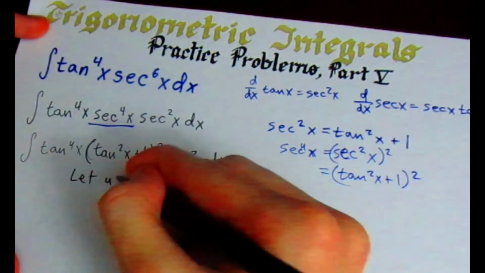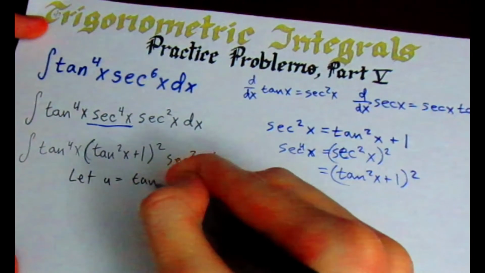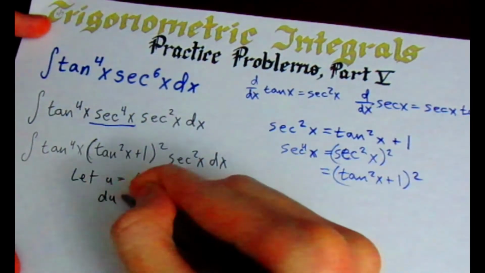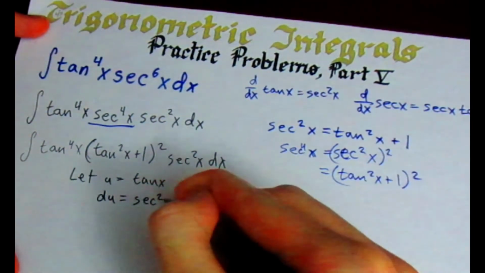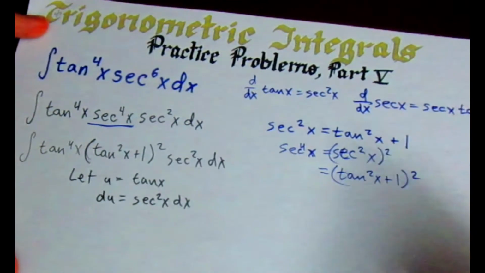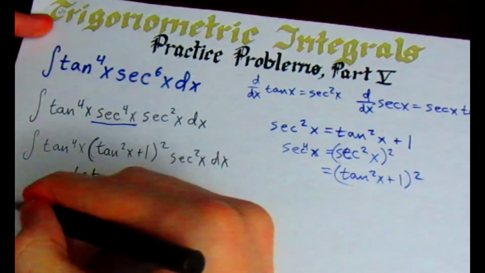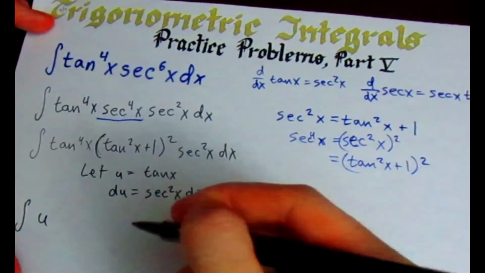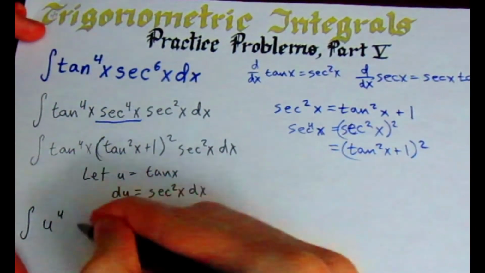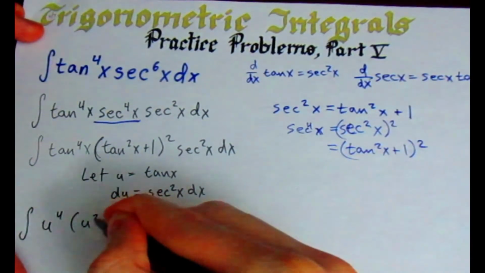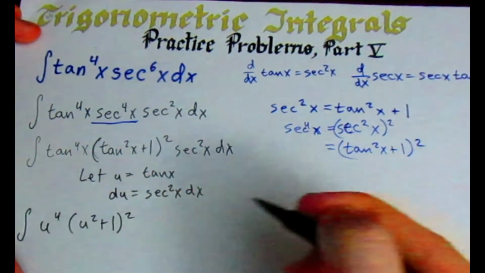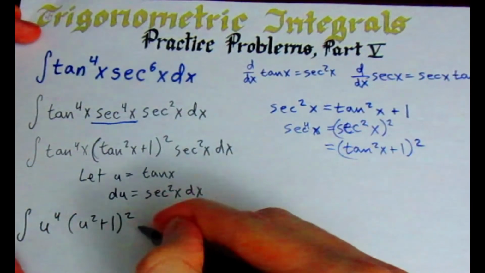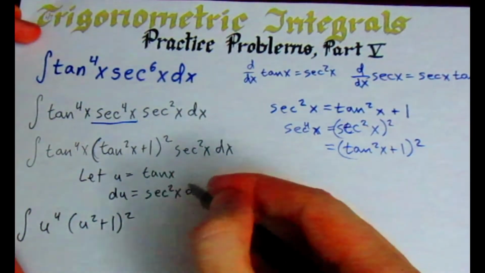I let u equal tangent x, and du will equal secant squared x dx. So I'm left with the integral of u to the 4th times the quantity u squared plus 1 squared du.